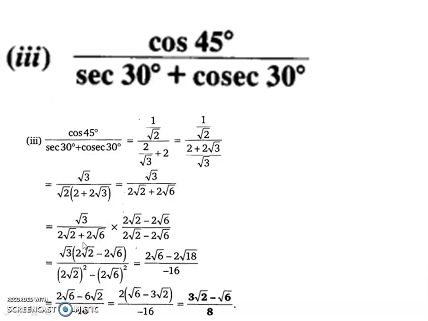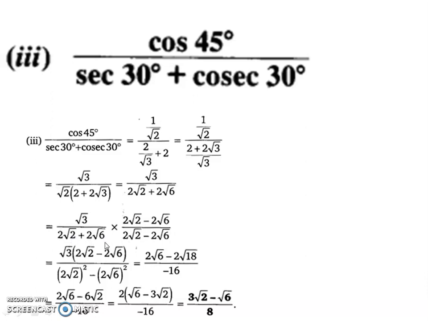Now, root 3 by 2 root 2 plus 2 root 6. In order to avoid root in denominator, you will multiply with 2 root 2 minus 2 root 6. Here is the subtraction formula for the same thing. Here you have written 2 root 2 plus 2 root 6.